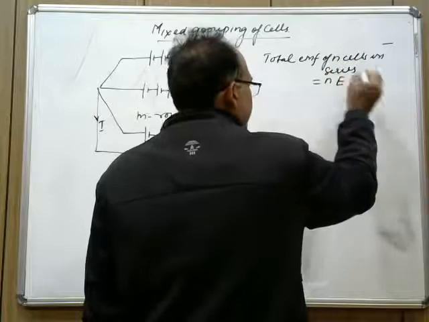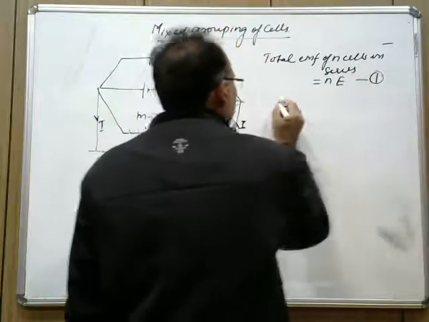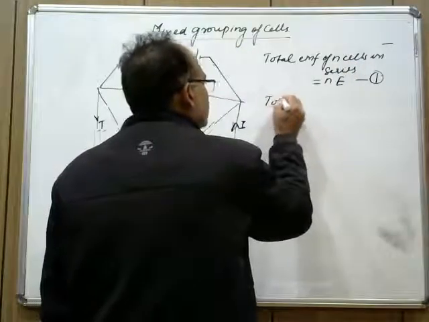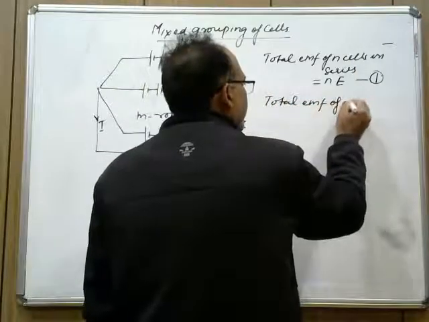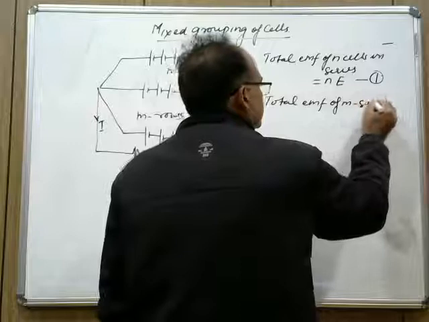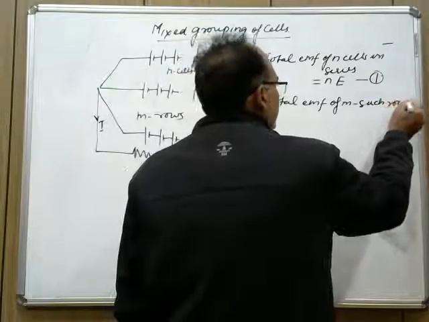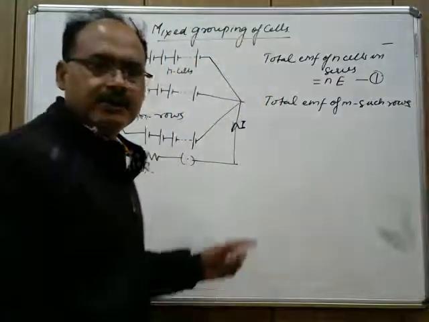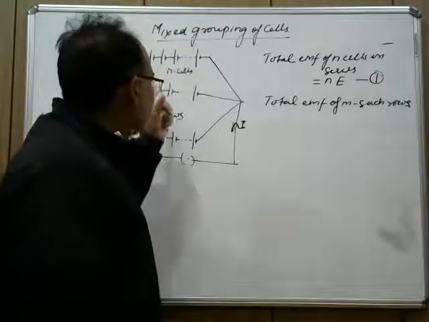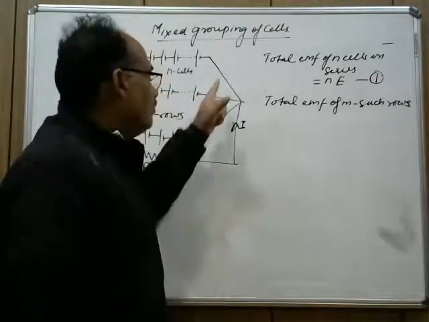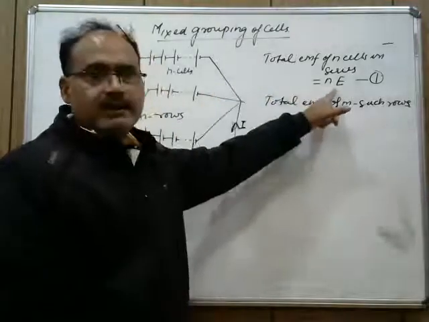Let this be equation 1. Now, the total EMF of m such rows, and all the rows are connected in parallel. So we can say that the total EMF of m such rows will always be equal to nE.